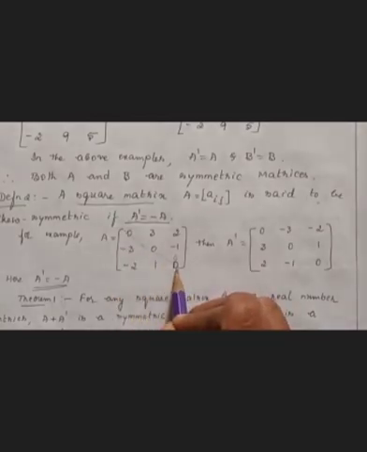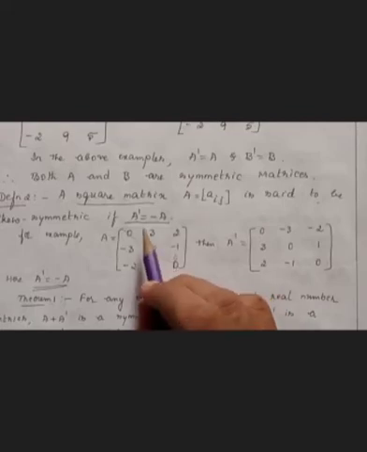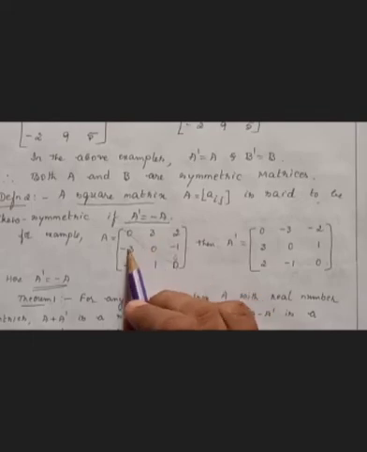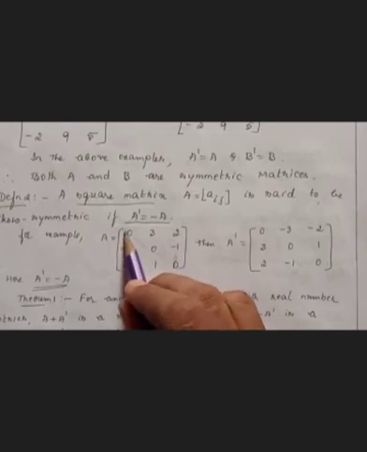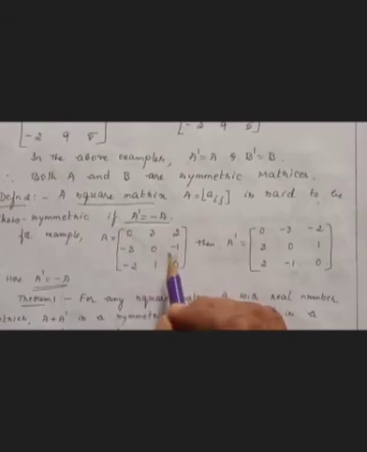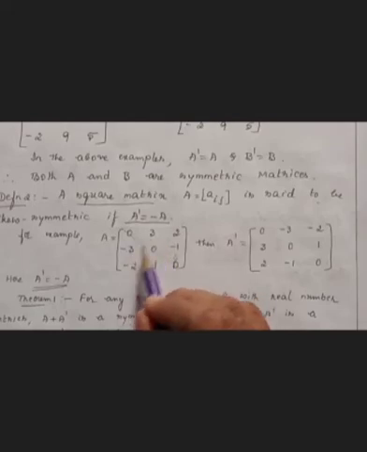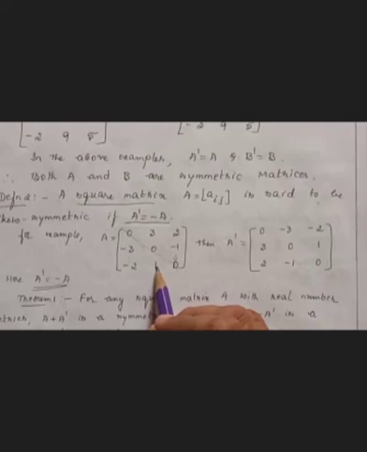Then write the remaining entries such that the coinciding entries are negative of each other. If you fold a paper along the diagonal entries, then the entries should be negative of each other. The coinciding entries should be negative of each other.